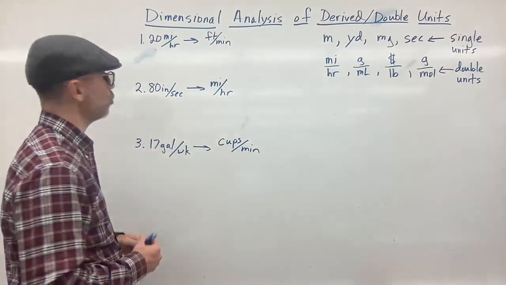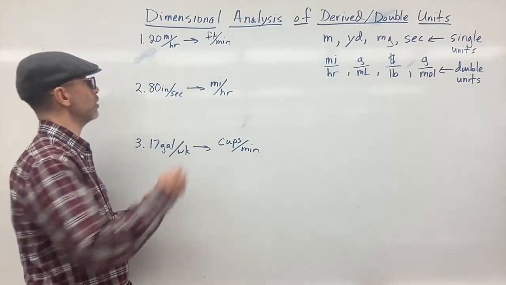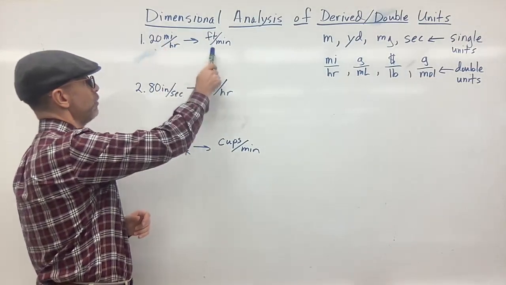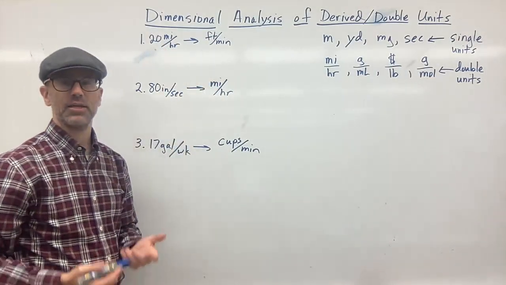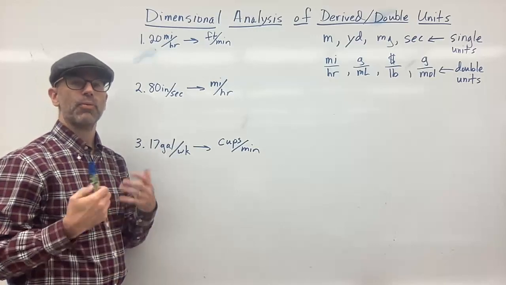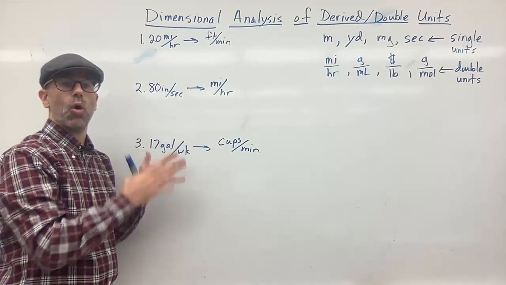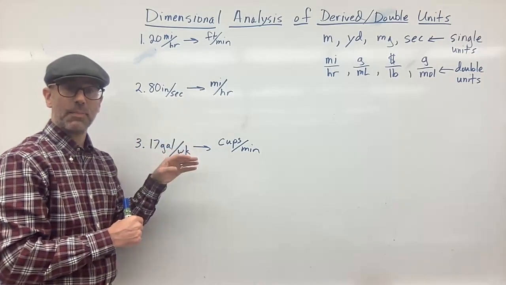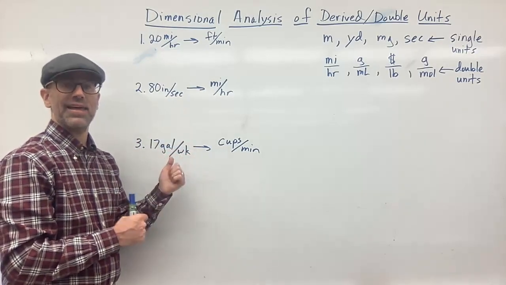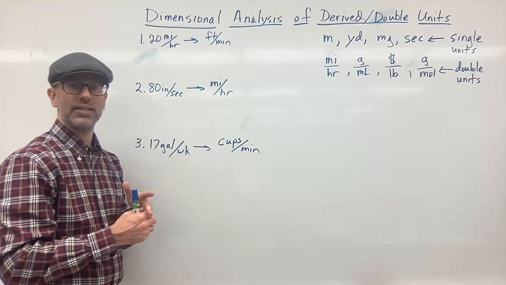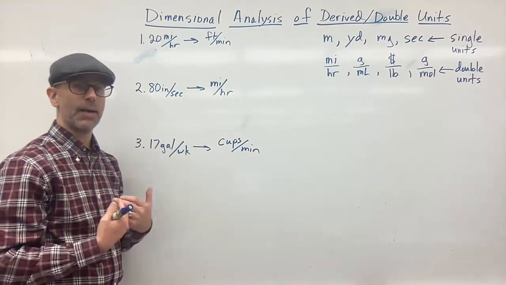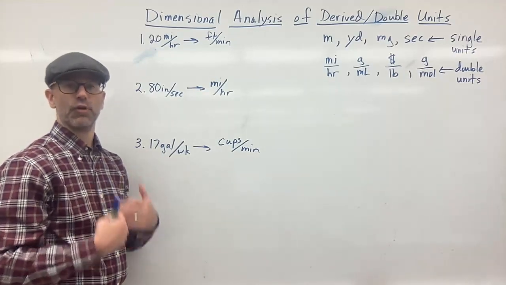We have 20 miles per hour, and we want to convert that to feet per minute. The process is to first convert one side, either the top or the bottom, and then convert the other side. I like to convert the top first and then the bottom.